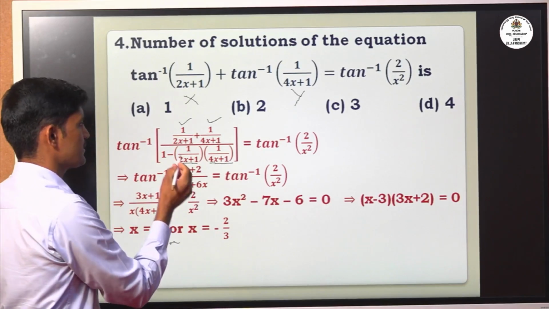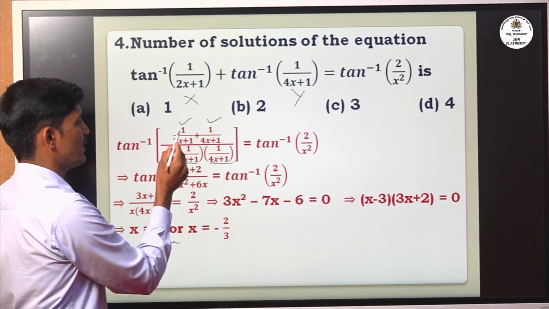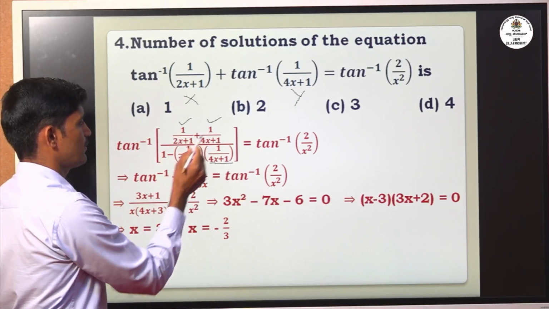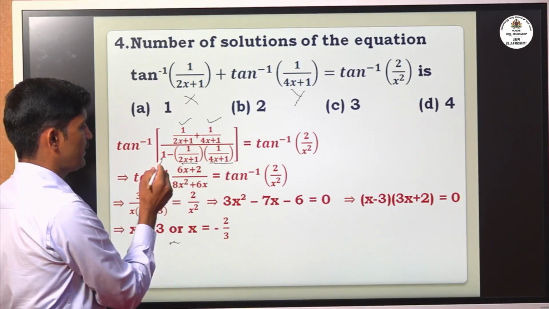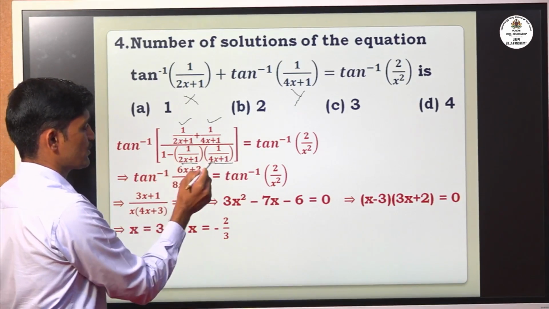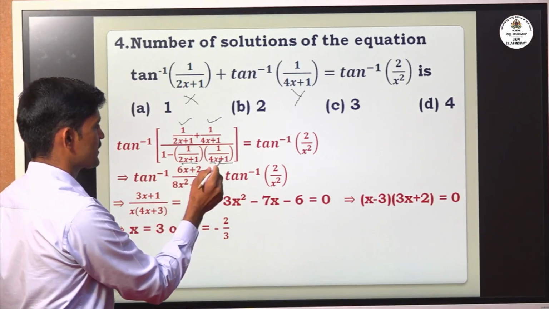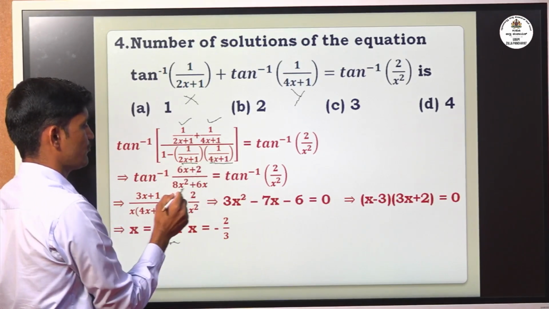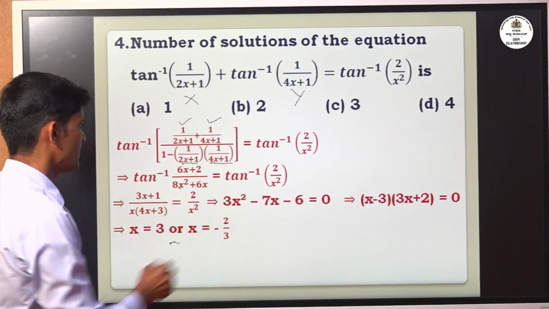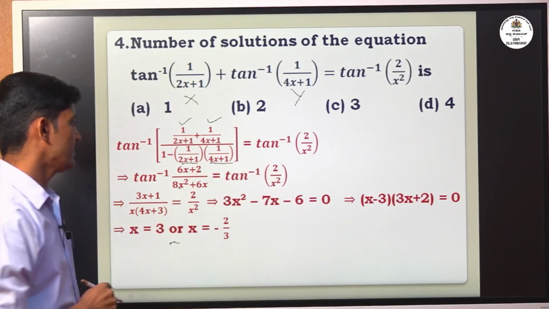They cancel each other. Therefore, numerator is 4x plus 1 plus 2x plus 1. You will get 6x plus 2, and in the denominator it is 2x into 4x, that is 8x square, plus 6x plus 1 minus 1 cancels. Therefore, it is 8x square plus 6x, equal to tan inverse of 2 by x square.